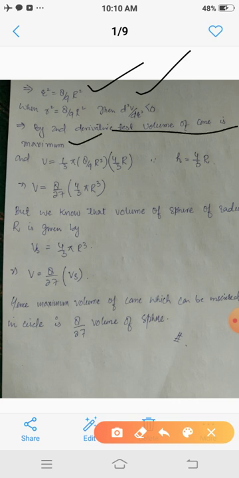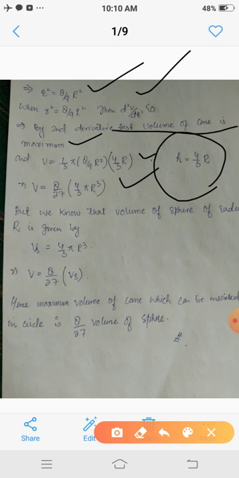Hence the maximum volume is obtained by putting r square in the given v and putting h in terms of this R, which is 4 by 3 R. Hence v equals 8 by 27 into 4 by 3 pi R cube.